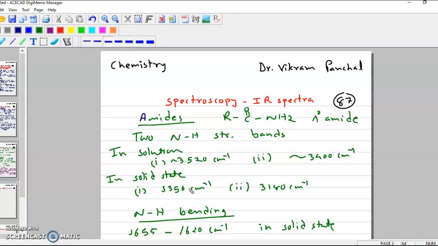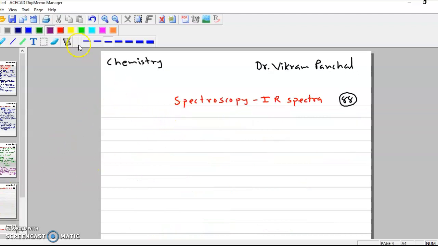Now we'll take certain examples. For example, suppose we take aniline. Aniline means there is benzene and there will be an NH2 group over here. So this is called aniline. You observe certain bands here.